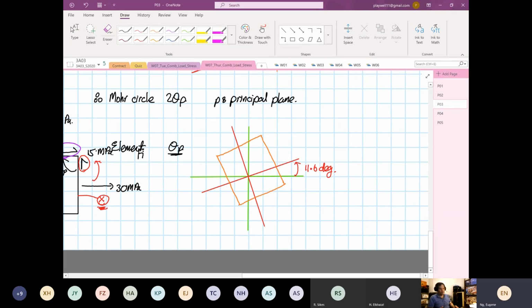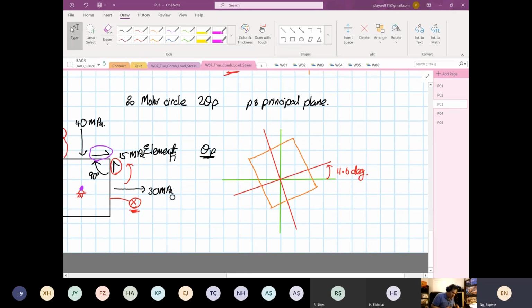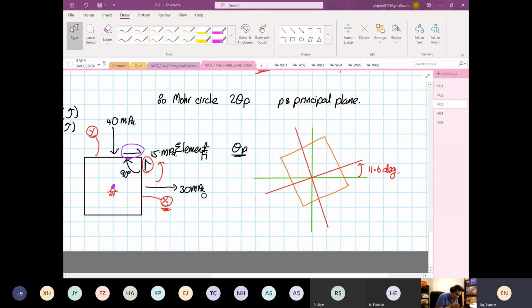So originally, I'm going to draw a horizontal line here and a vertical line here. The purpose I want to do that is to tell you that this is originally my Y point. Okay, this is originally my X point.